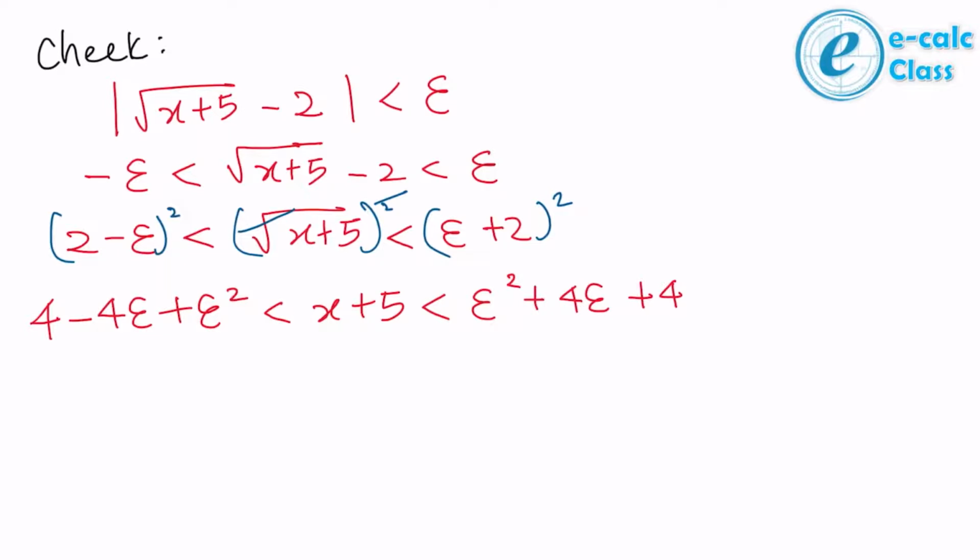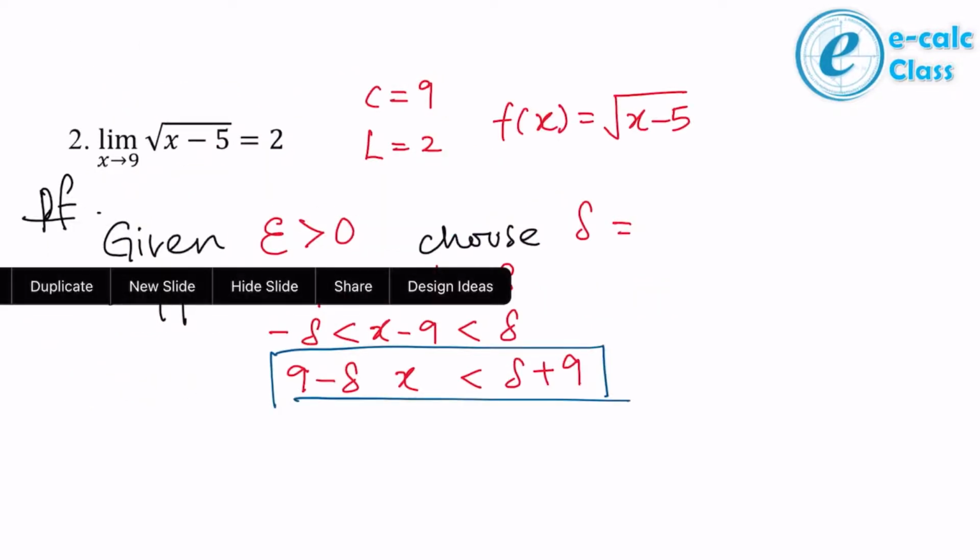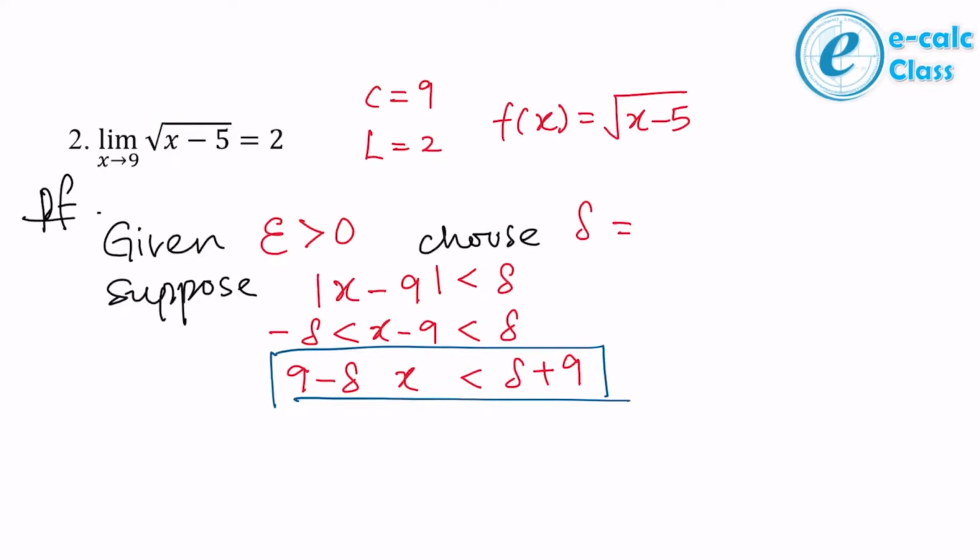Am I right? Then bring the 5 over. Let me write it like this, I think it will be easier later. Did I make any mistake? Did I copy the question wrongly? Yeah, I copied the question wrongly, that's why it's so weird.